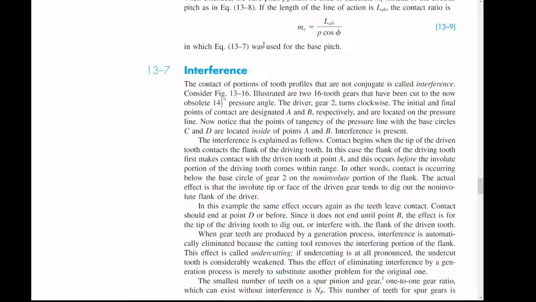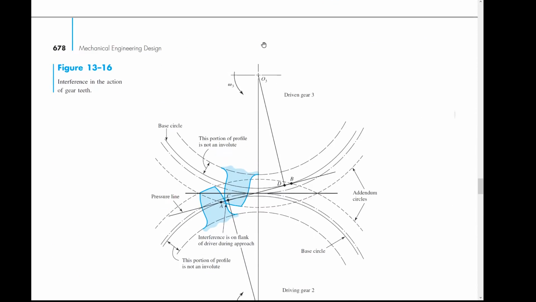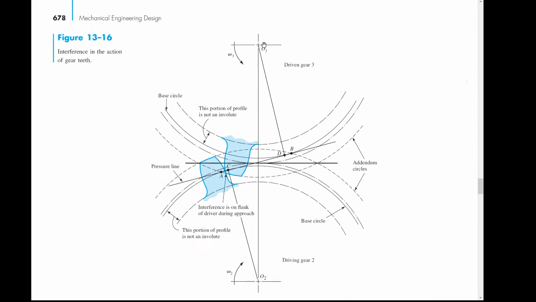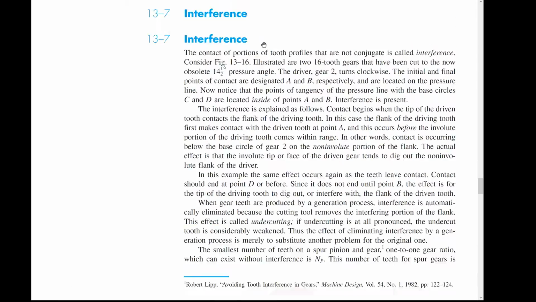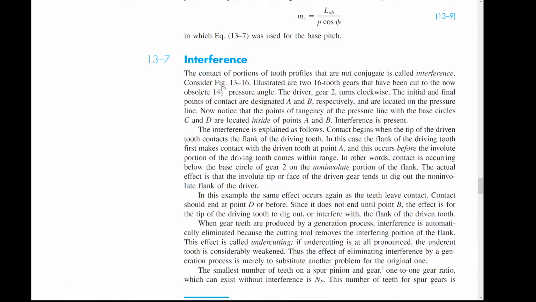13.7 Interference. The contact of portions of tooth profiles that are not conjugate is called interference. Consider figure 13.16. Illustrated are two 16-tooth gears that have been cut to the now obsolete 14.5 degree pressure angle. The driver gear 2 turns clockwise.